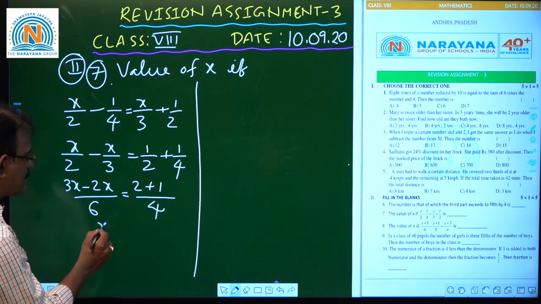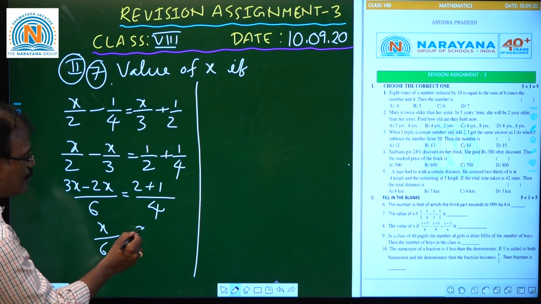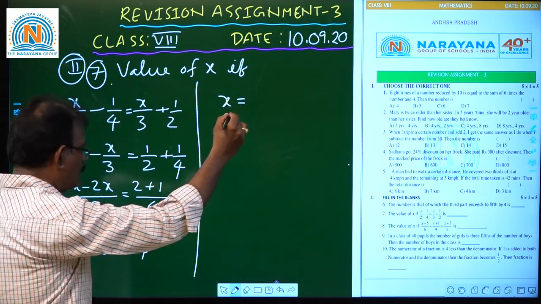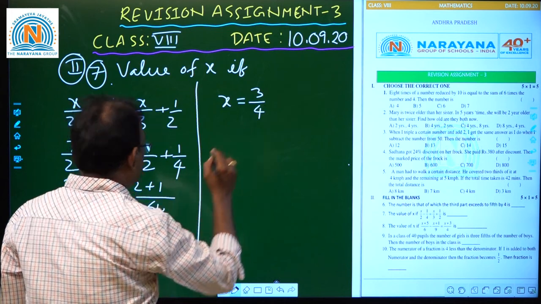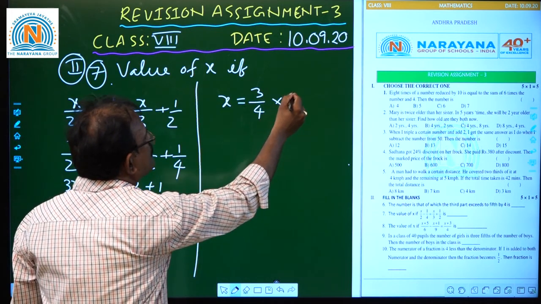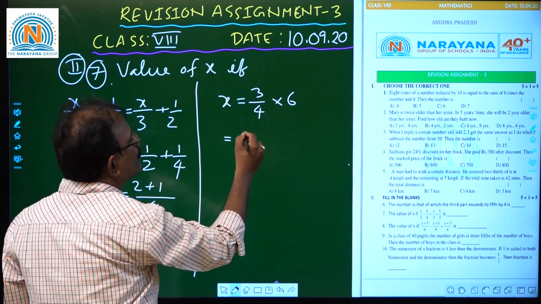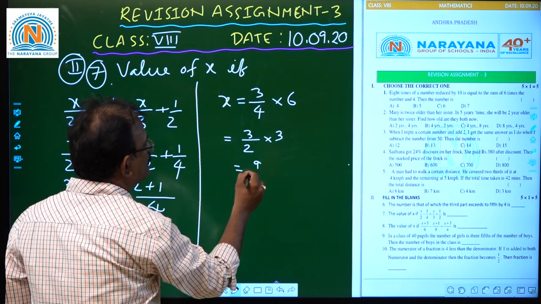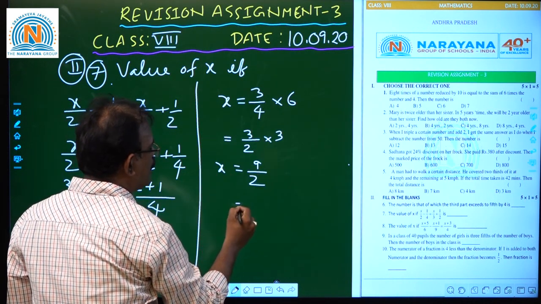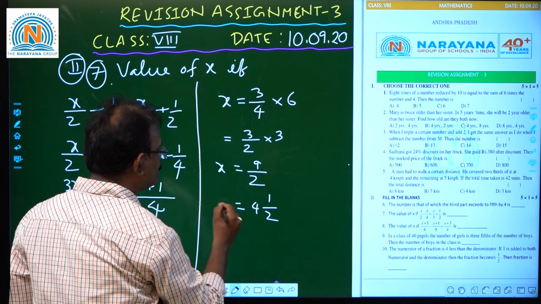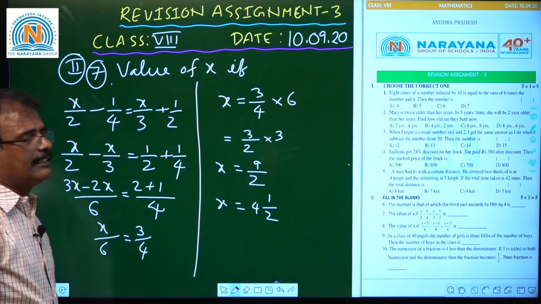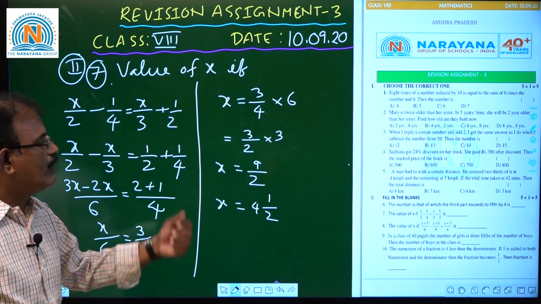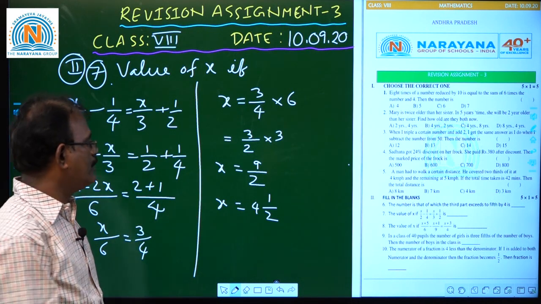So this is x by 6 is equal to 3 by 4. So x is equal to 3 by 4, with the 6 transposed to the right side, into 6. So 2 cancels 2 times here and 3 times here. So this is 9 by 2, or else 4 1 by 2. So 9 by 2, 2 fours are 8 plus 1, 9 by 2. So this is the required value of x, children.